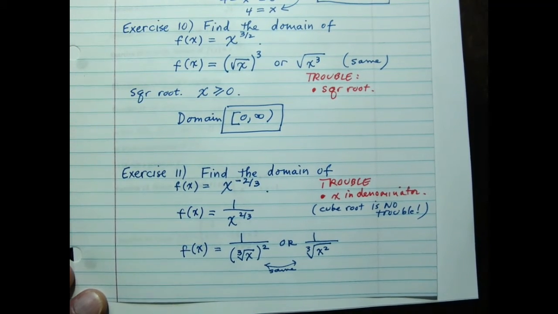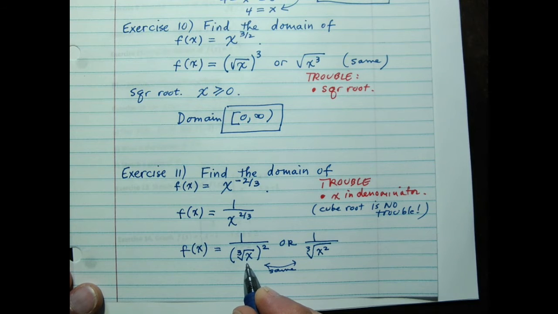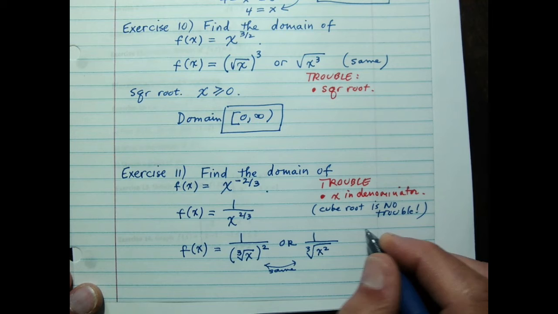We like cube roots for domains. In fact, the cube root function we graphed in our toolkit, its domain is all real numbers. So cube roots of all numbers are defined. So it's a little uglier to write down, but it's actually easier to deal with as far as domains are concerned. So here we just have to see when the denominator is equal to 0.